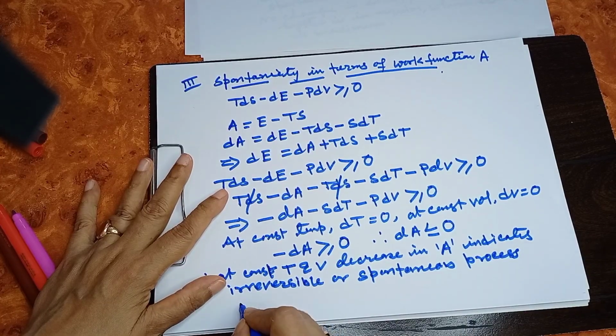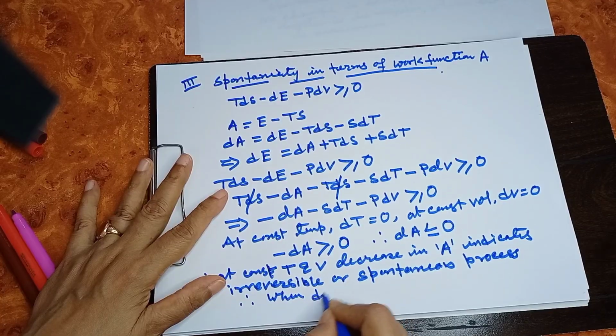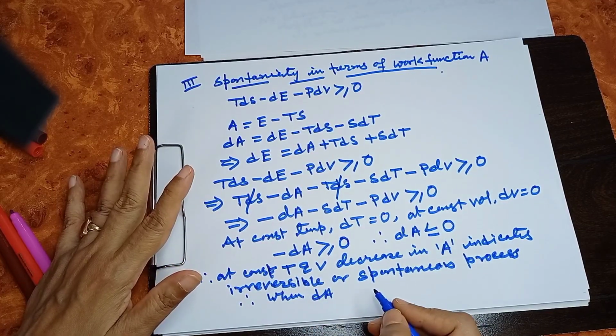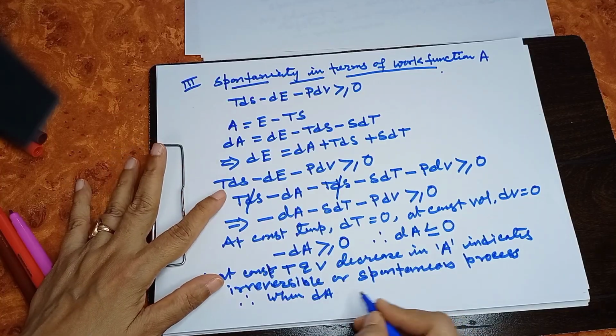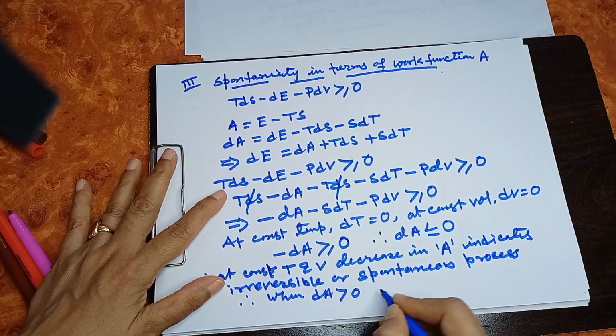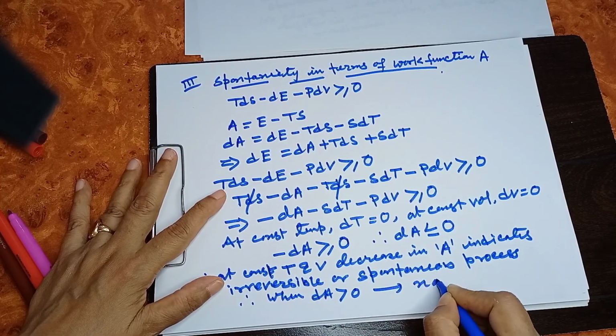Therefore, when dA is greater than 0, that means increase in work function, that indicates non-spontaneous.